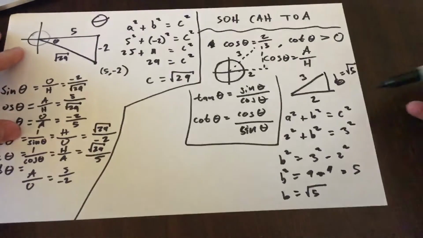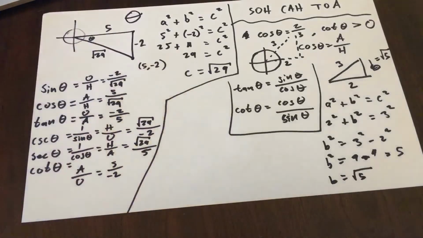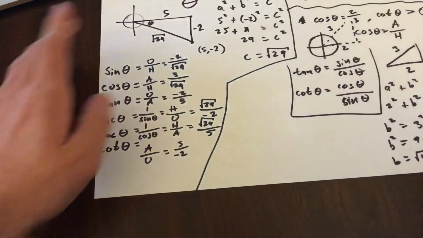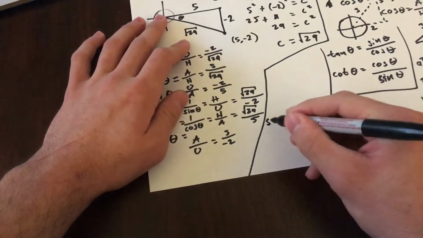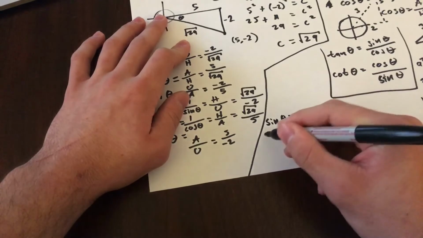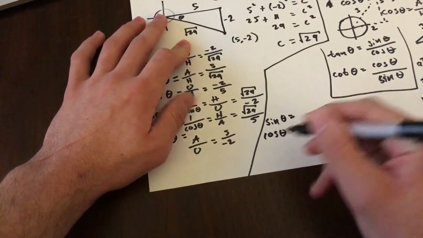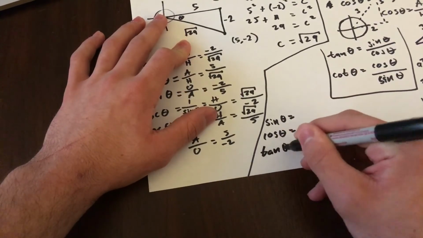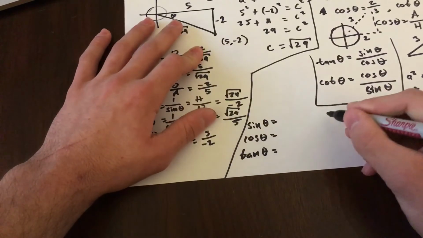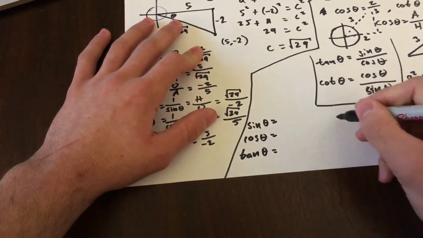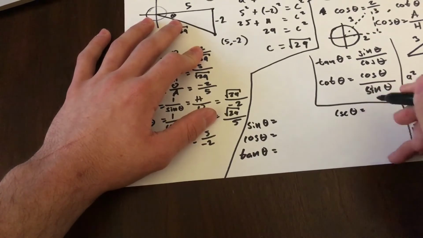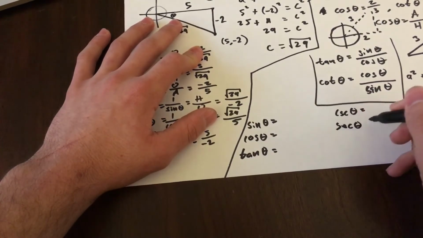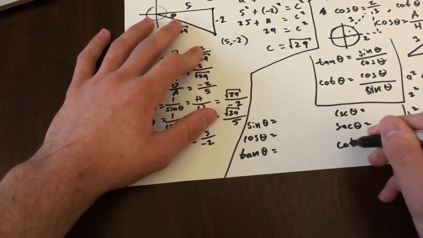All right, now that we've got our triangle all figured out, we can move on to finding the 6 trig functions. Sine theta, cosine theta, and tangent theta, and then over here, cosecant theta, secant theta, and cotangent theta.